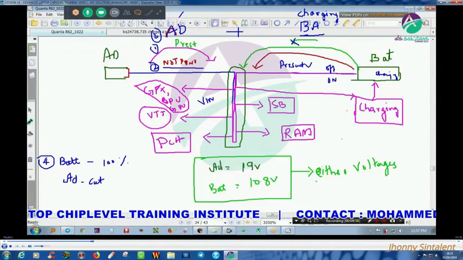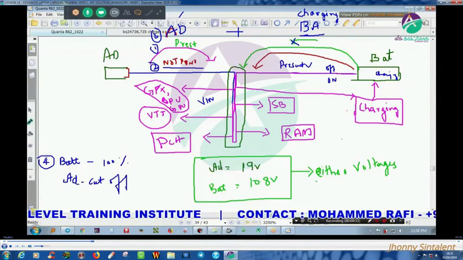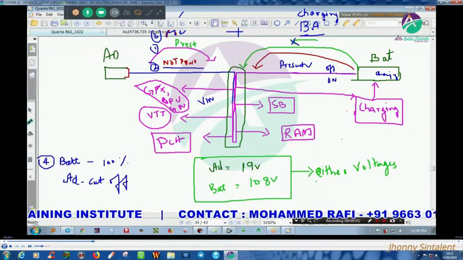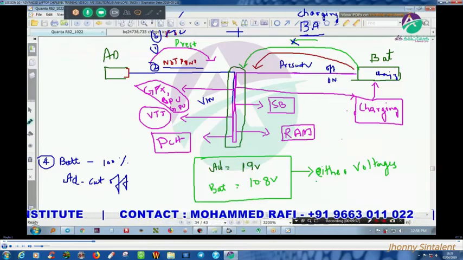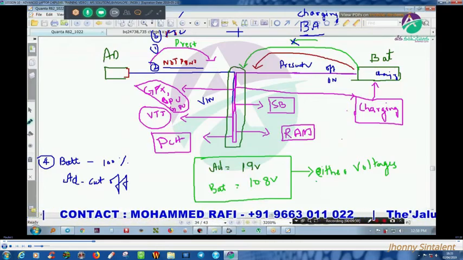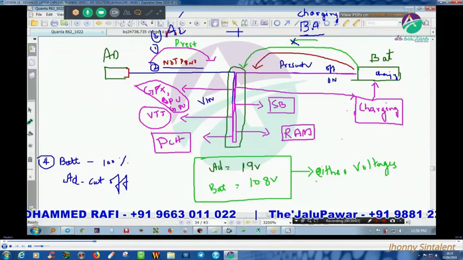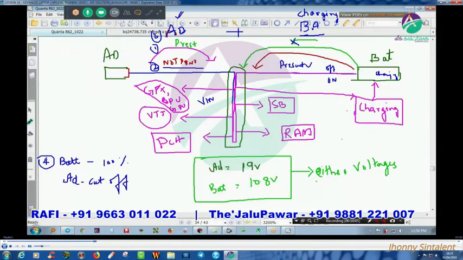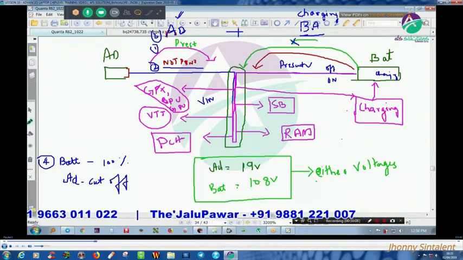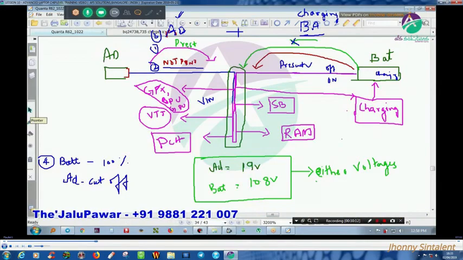You will lose your battery life. So these are the 4 rules to understand the basic voltage part, from the adapter till your battery part. Clear? Let us go forward.